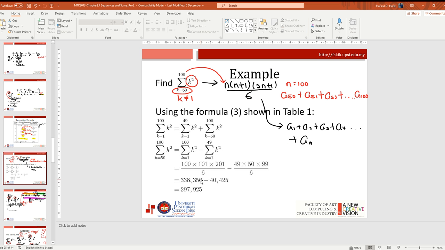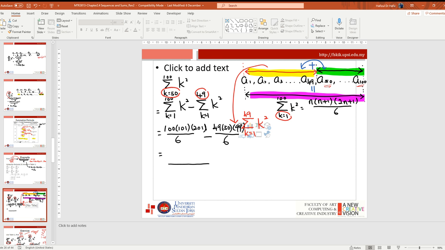And then you get 297,925. This one is the formula: k equal to 50, k power 2, minus 49.